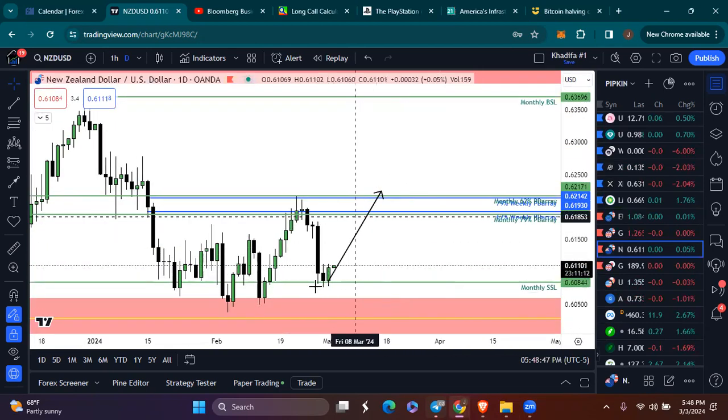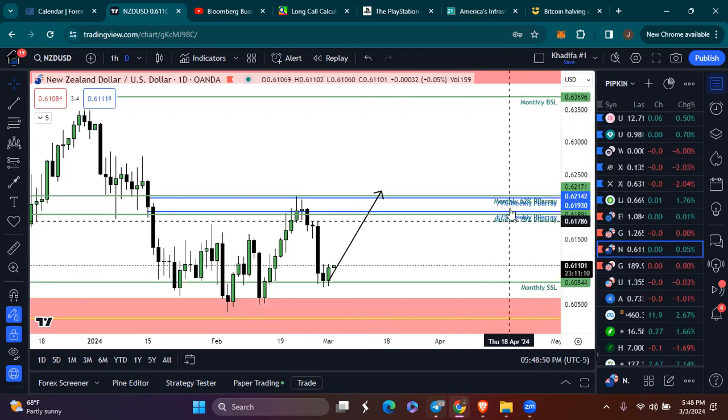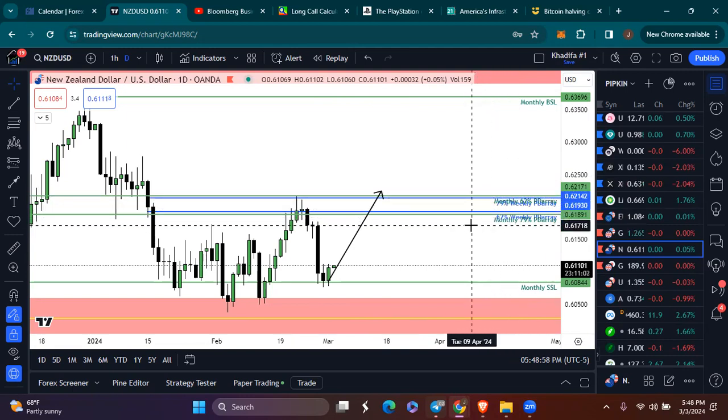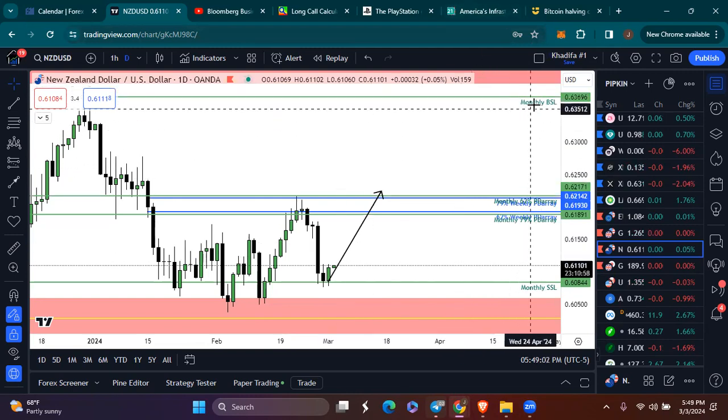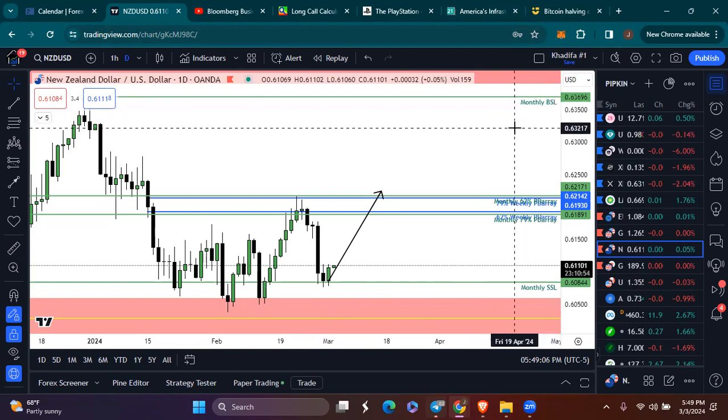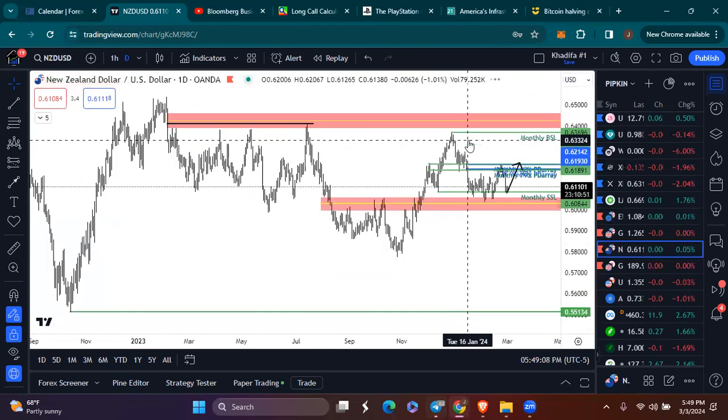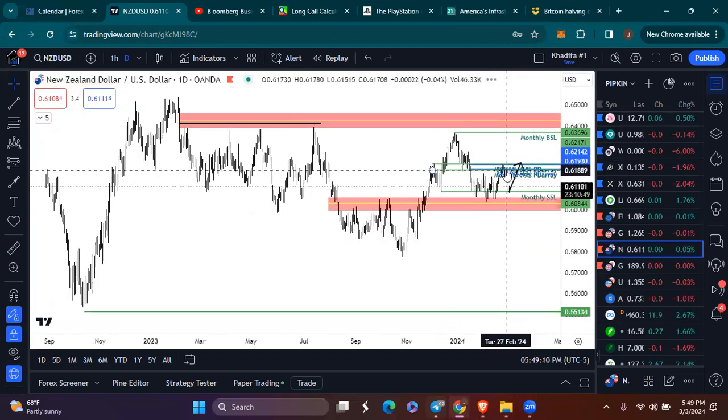We want to see NZD/USD push higher, pushing through all of these areas of liquidity that we have here, these PD arrays. We want to see price push through there and eventually run to this monthly buy side liquidity, and we break above there aggressively.